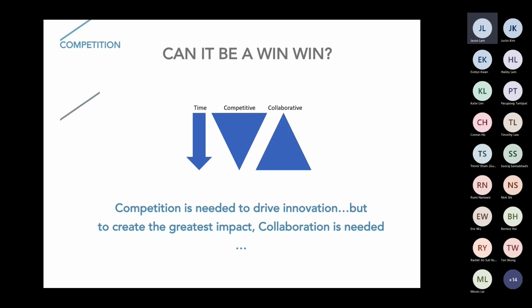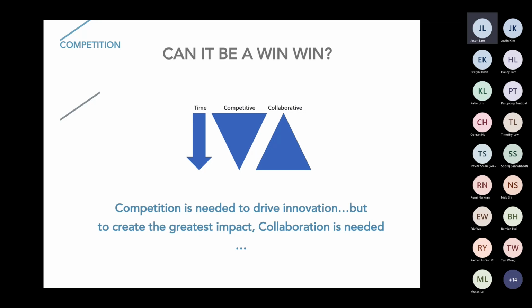It's how do you reduce the amount of time to make the biggest impact? Great competition is great. It drives innovation, new ideas, lots of things. But at the same time, from an SDG perspective, it's not always about eliminating your competition. It's about how you leverage the work that others have also done.